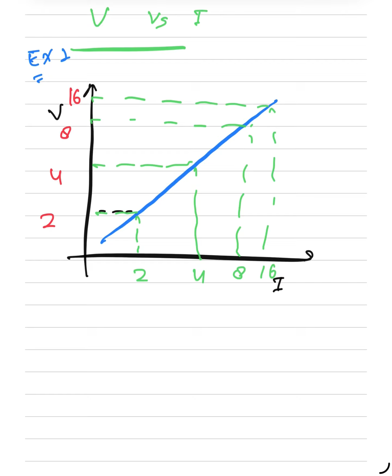Find the value of resistance. R equals V divided by I, that is 2 divided by 2, or 4 divided by 4, equals 1 ohm.